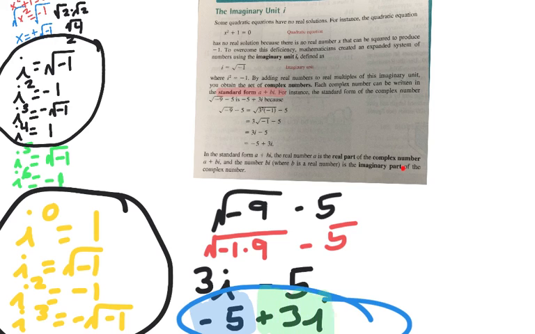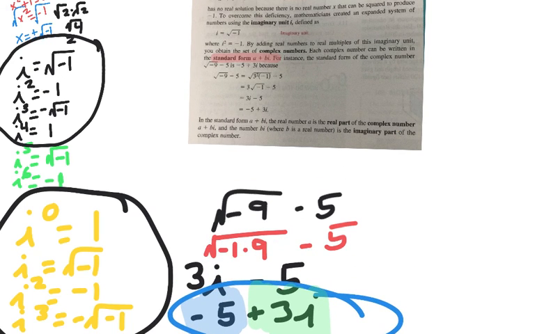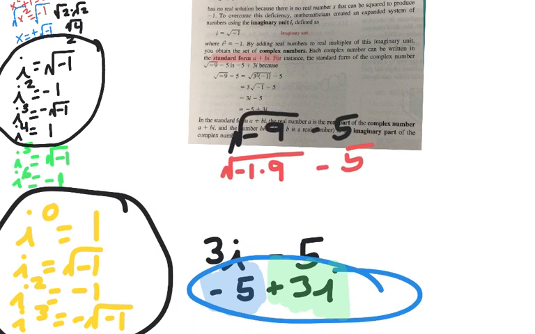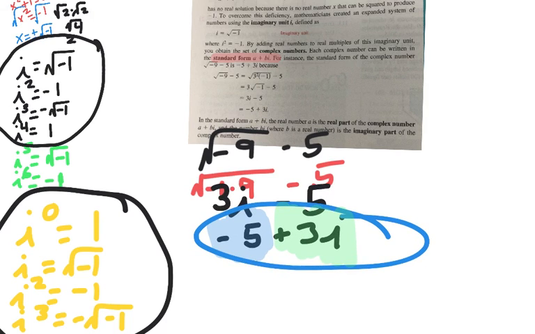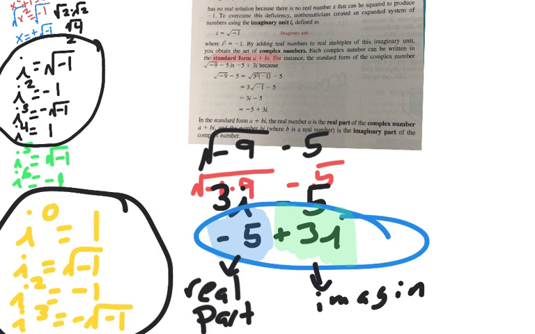Positive 3i is called the imaginary part. So this is the real part. This is the imaginary part. You guys remember any of that? Complex numbers, real and imaginary.